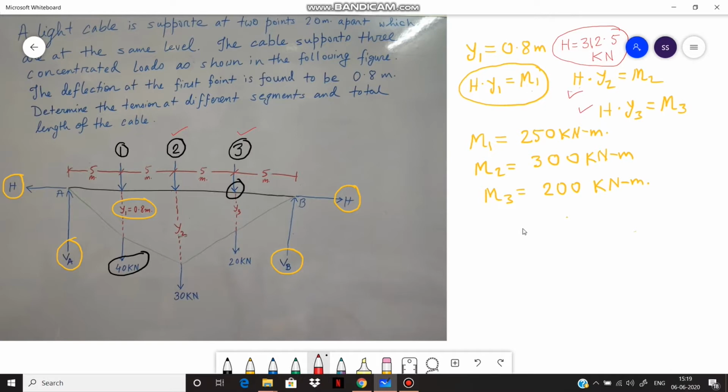So let us put the value of H at the equation.